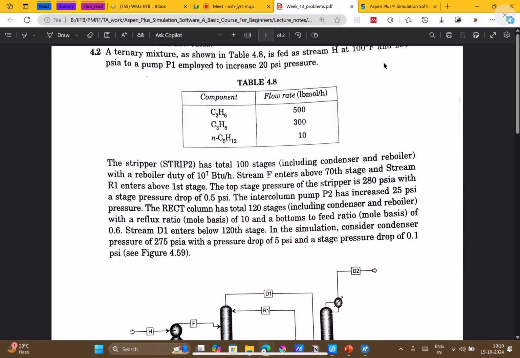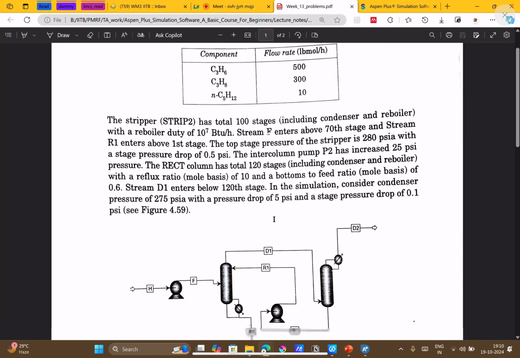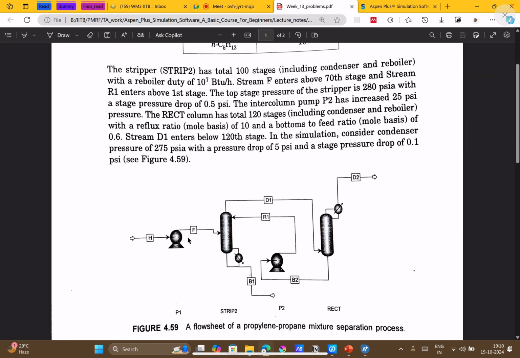Oh, this has been cut out, I will check this value. Then you can see the feed is pumped into our stripper, which has no condenser, and all the vapors go into the secondary distillation column, where the bottom product of the column is recycled back to the first column.